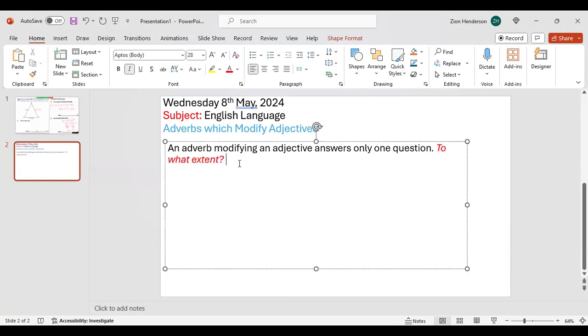All right, so for an adverb modifying an adjective, what is the only question that is answered? To what extent? Very good. So for example, we may have something like this one.